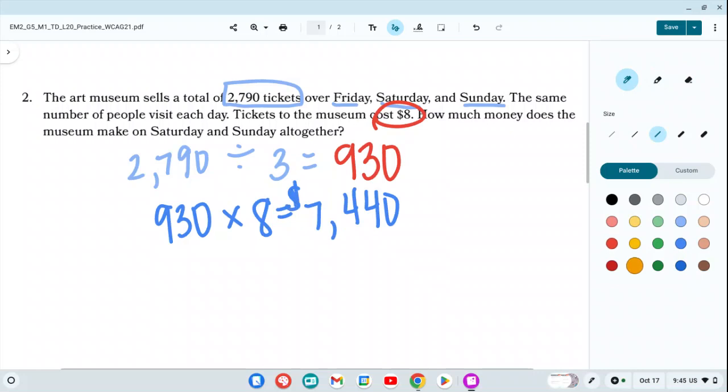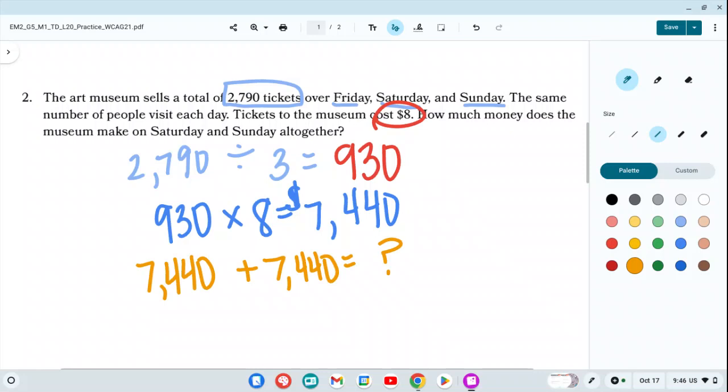But we're not done yet because we want to know if that is how much they make in one day, how much money would they make in 2 days on Saturday and Sunday? So if this is Saturday and this is Sunday, fifth graders, your job now is to figure out how much money do they make all together on Saturday and Sunday.